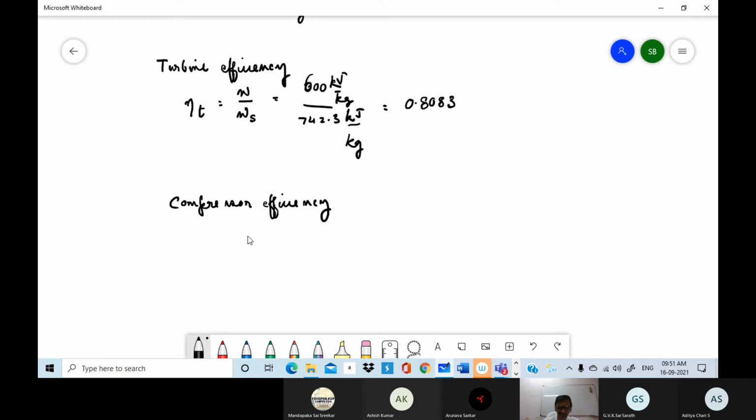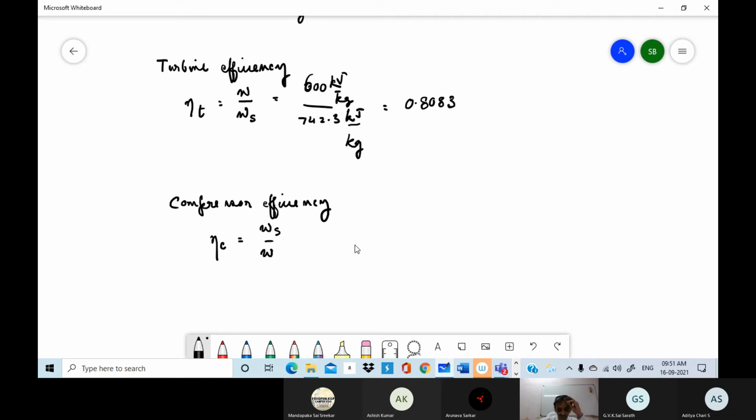So the compressor efficiency is defined as, so this gives you a value less than 1 because the actual work which you'll have to put in will be more than the ideal. And the compressor efficiency is again in the range of 70 to 85%.